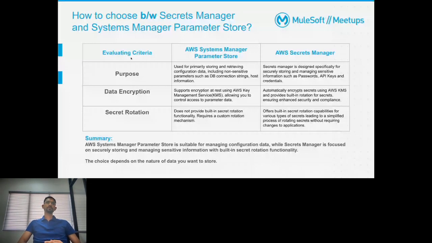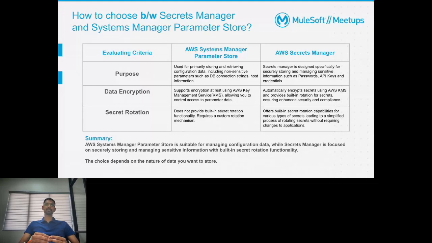Basically, looking at the purpose, the Parameter Store is used primarily for storing and retrieving configuration data, including all the non-sensitive information, like a DB connection string, but as a best practice it is not used for storing your encrypted values, your secrets.